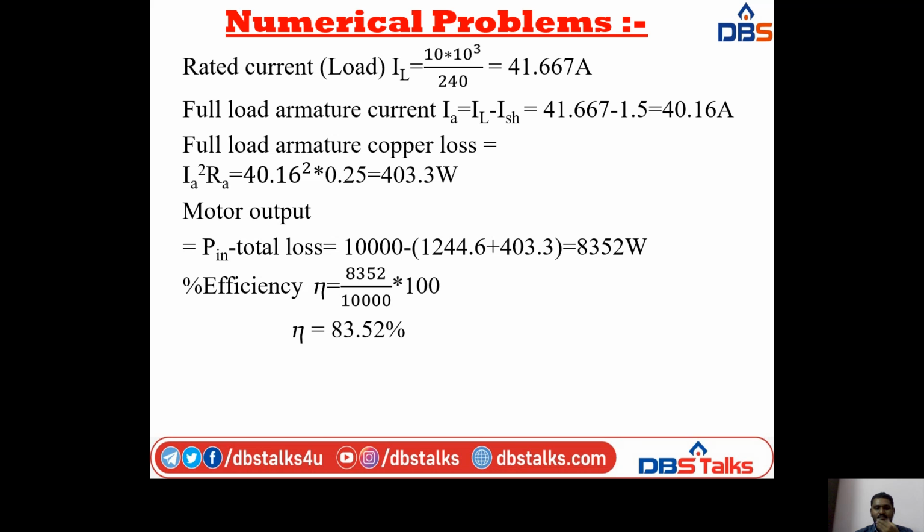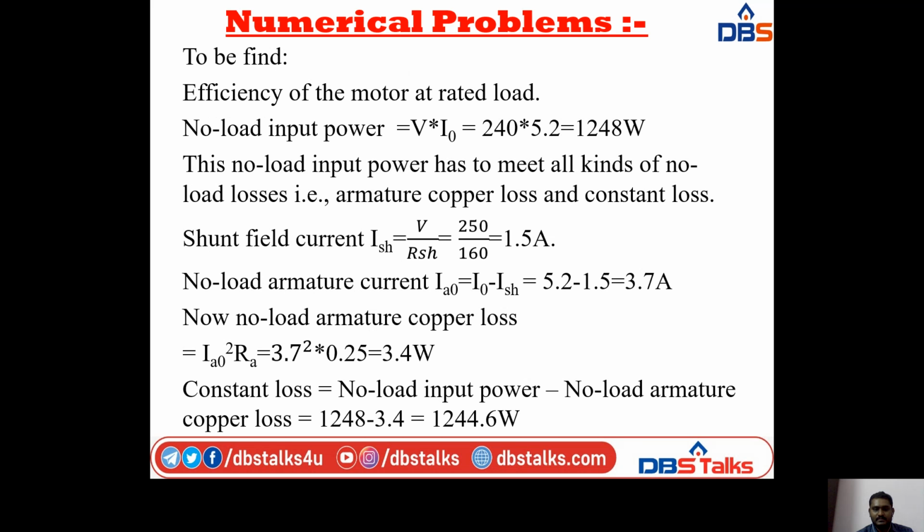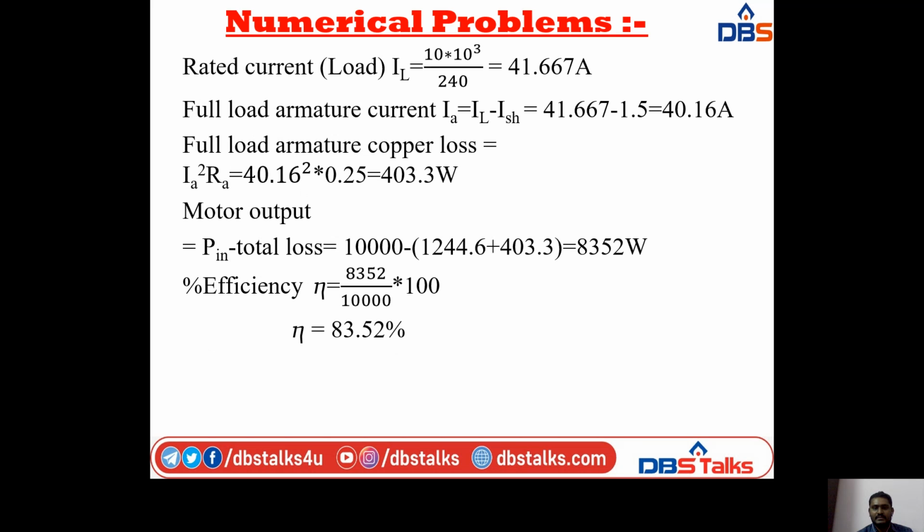Here the armature copper loss is 403.3 and the constant loss is 1244.6 watts, which we calculated in the previous case. Substituting that, we have 8352 watts. This is the output power.